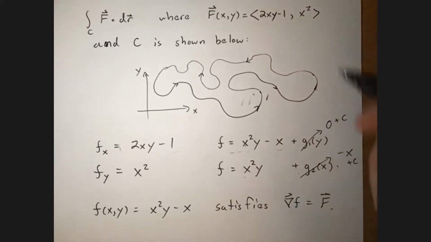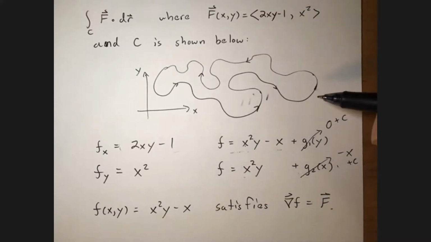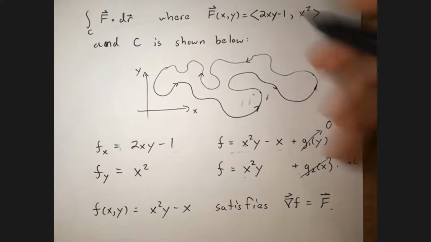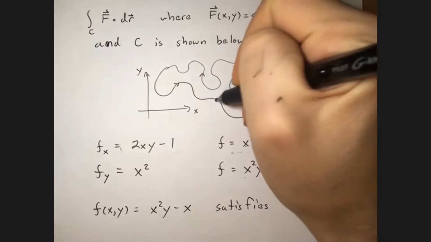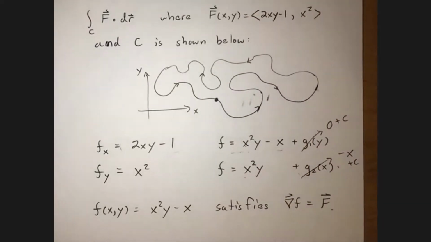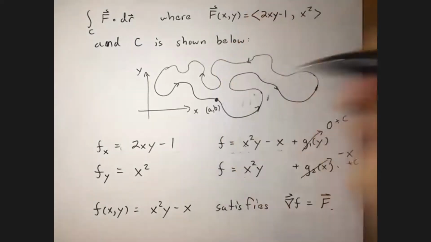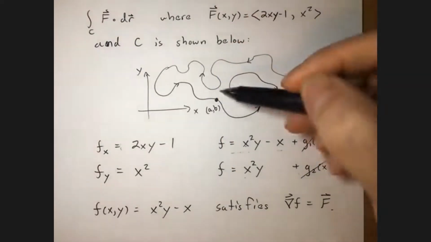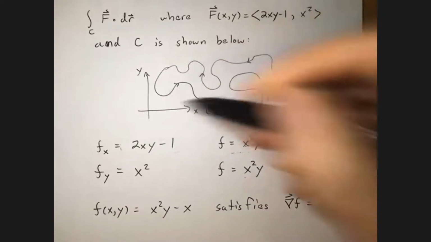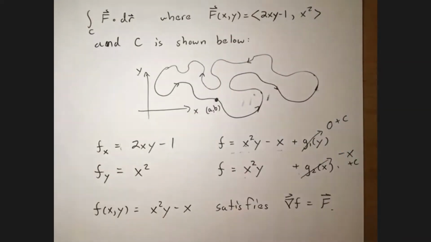Well, look at the curve. It's what they call a closed curve. Closed curves begin and end at the same point. So suppose this is the starting point. I could have picked any point, but suppose that's the starting point, AB. Well, it begins and ends at the same point, right? So that's also the ending point.